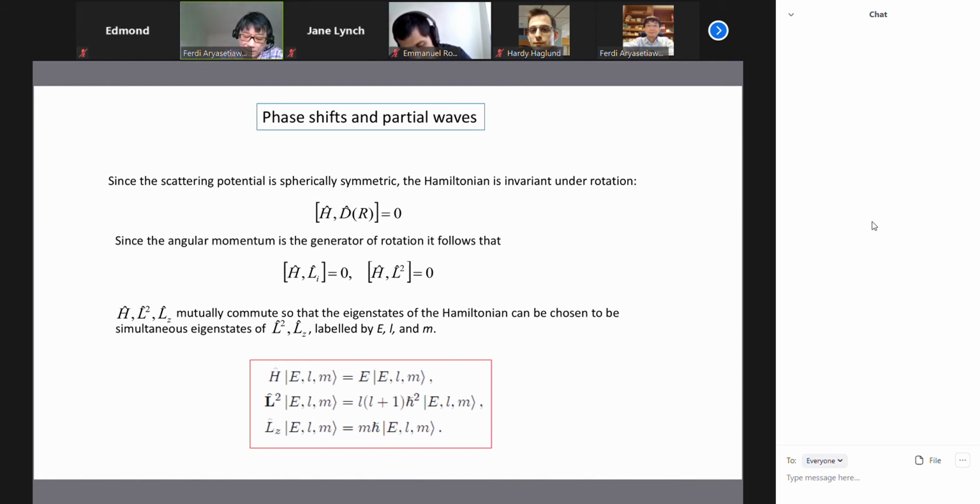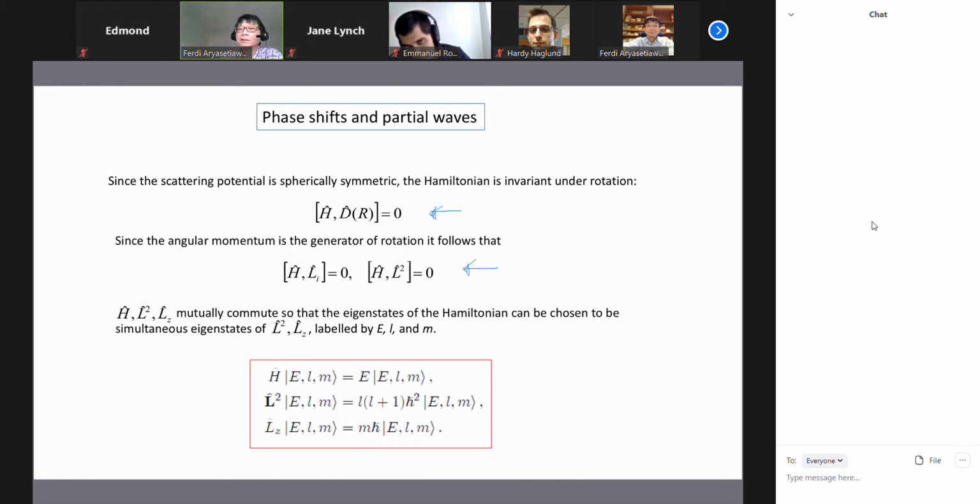The spherically symmetric potential implies that the Hamiltonian is invariant under rotation. So that's what we have here. D(R) is the rotation operator, and we recall that the generator of rotation is the angular momentum operator. That also implies that the Hamiltonian commutes with the angular momentum operator.